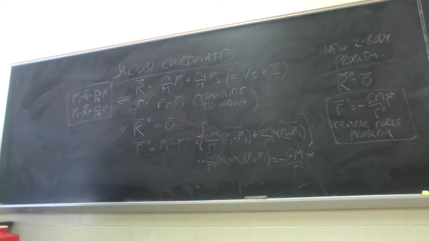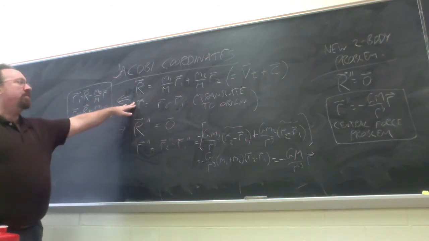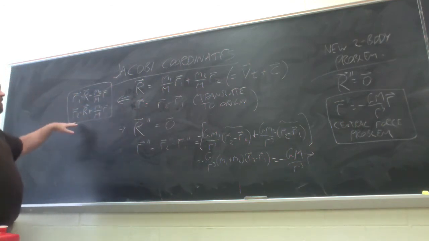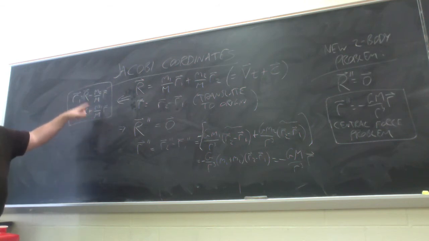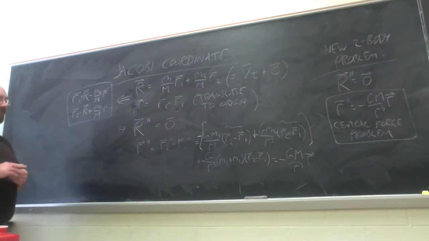The idea is, you start with R1 and R2, convert to these and solve these equations, because that's easier. Then we just change coordinates back. And notice, the way this is written, R1 and R2 are just the center of mass with some update to them, which makes sense, because both objects are oriented around the center of mass.